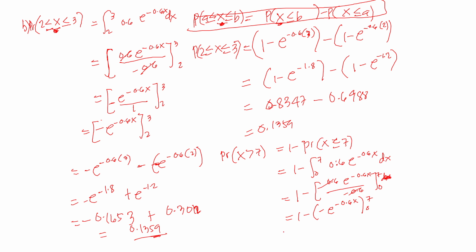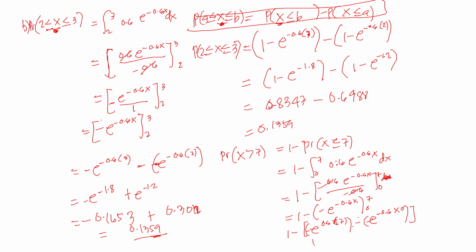So we have to simplify now. 1 minus, negative e raised to 0.6 times 7, minus negative e raised to negative 0.6 times 0.